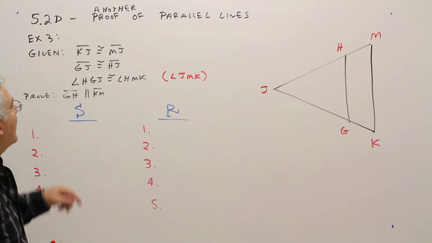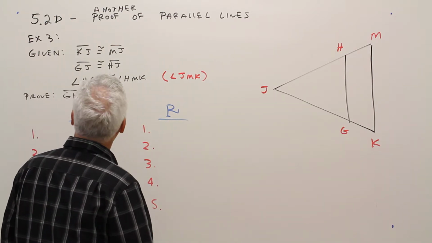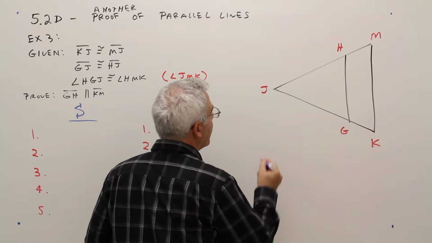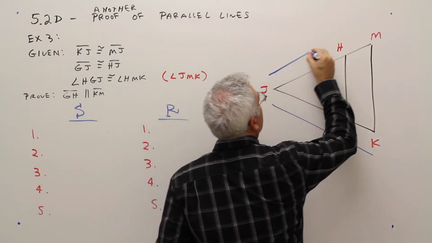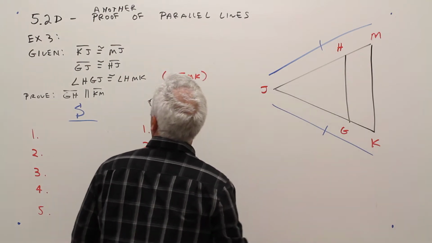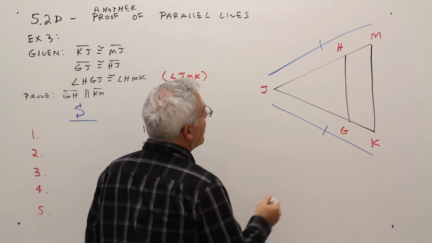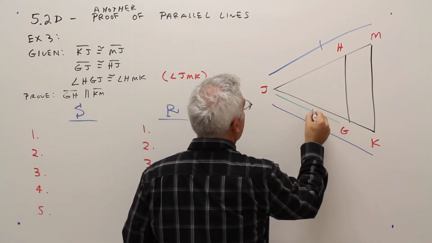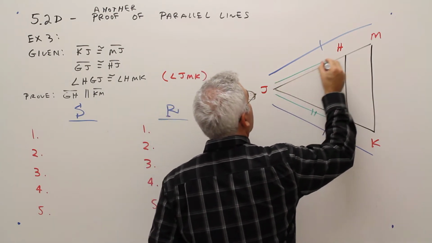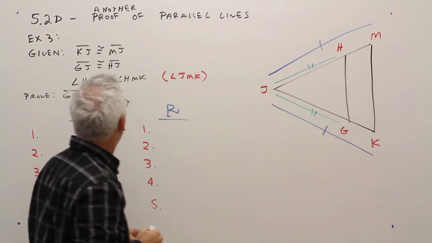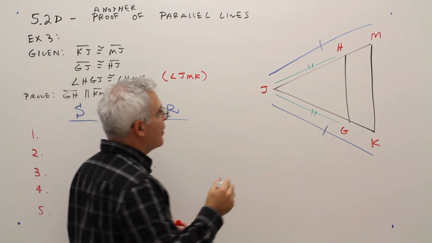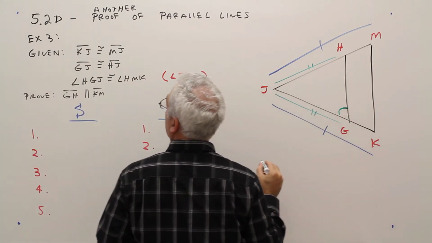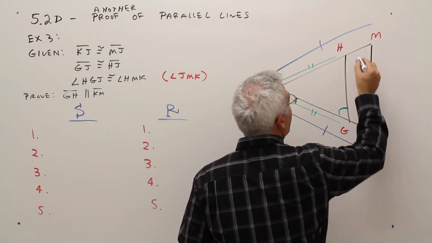So given KJ is congruent to MJ, and GJ is congruent to HJ, and angle HGJ is congruent to angle HMK.